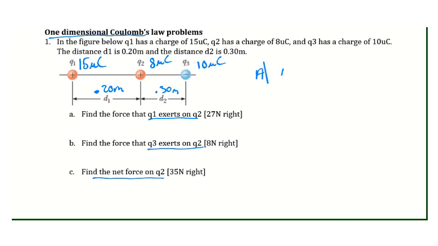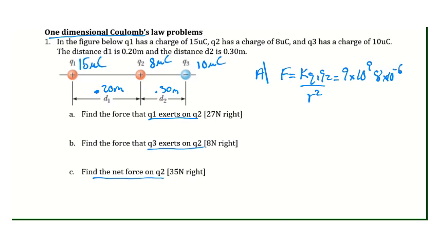So we have the force is equal to k Q1 Q2 over r squared, where we're just going to look at charge 1 and charge 2. So we have 9 times 10 to the 9. Now what I would recommend here is putting in the first spot charge 2, so 8 times 10 to the negative 6. The order is not going to matter.